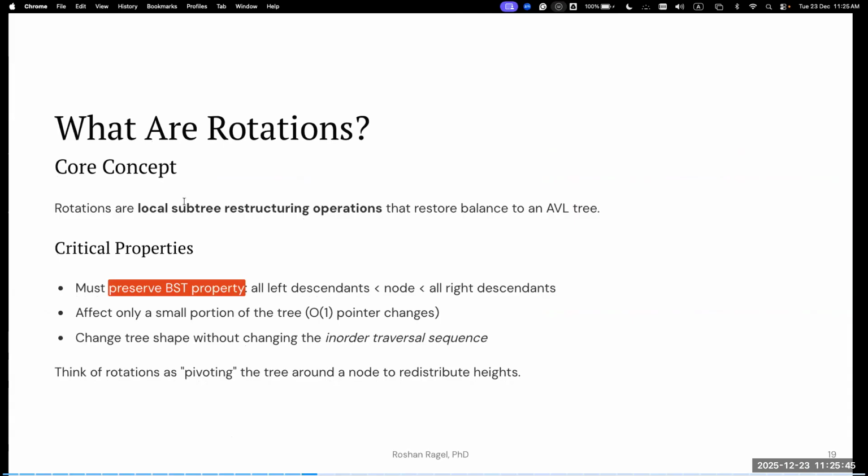I'll show you examples to make it clearer, right? While we are doing this restructuring, something we should not forget is that we are working with a binary search tree, and therefore the binary search tree behavior. One is that it is binary, the second is that it is searchable, meaning the left subtree is smaller and the right subtree is larger. So we have to keep those properties maintained while we are doing the balancing, right?